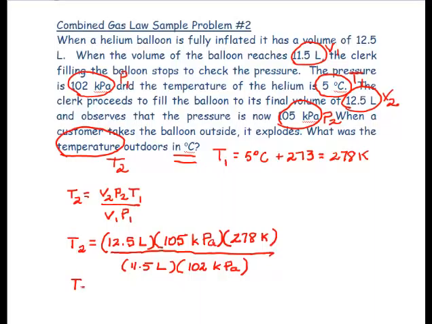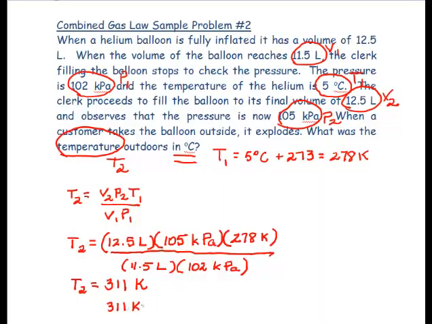T2 equals 311 Kelvin. Okay, when we solve the problem, we get a Kelvin temperature, but let's go back up here. We want that outdoor temperature in degrees Celsius. So we're going to take 311 Kelvin.